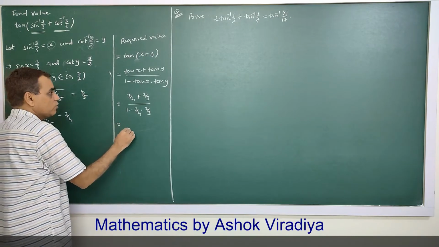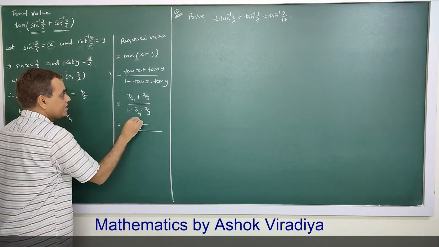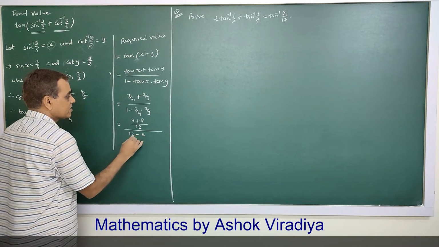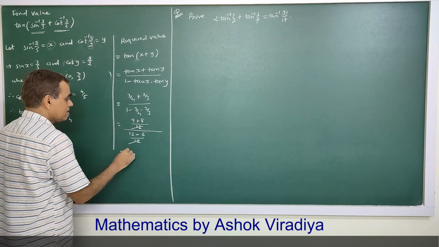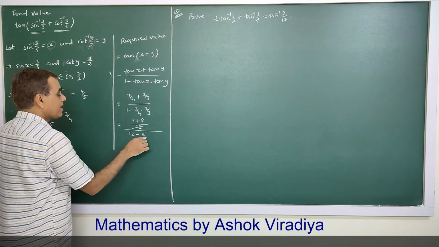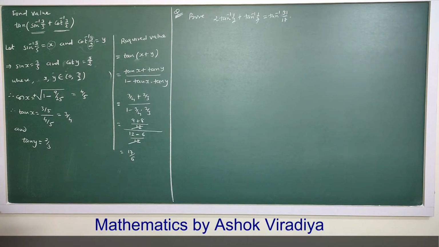So this is equal to, LCM is 12, 9 plus 8 upon 12 minus 6 upon 12, 12 cancels, 17 upon 12 minus 6, that is 6. So the value is 17 upon 6.